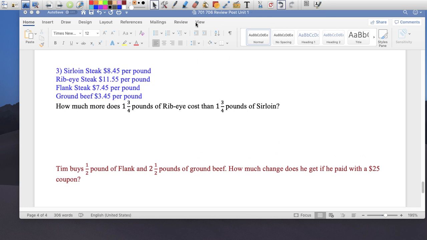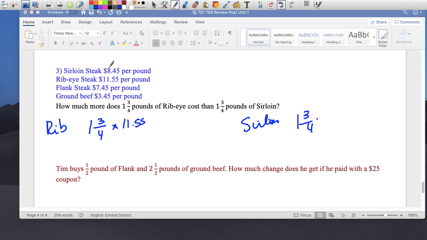Okay, so we want to buy some meat here, right? So 1 3/4 ribeye. How much is ribeye? Times 11.55. And then we want sirloin. The sirloin we want is 1 3/4, and we times what?